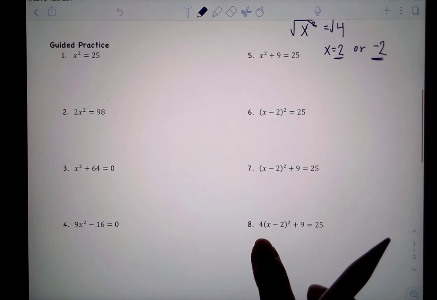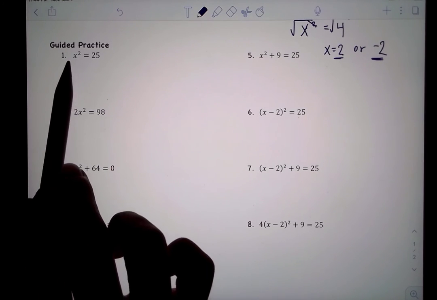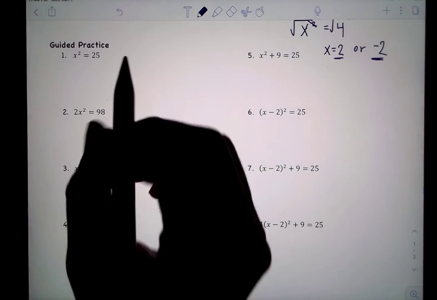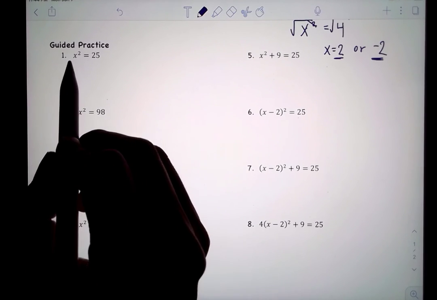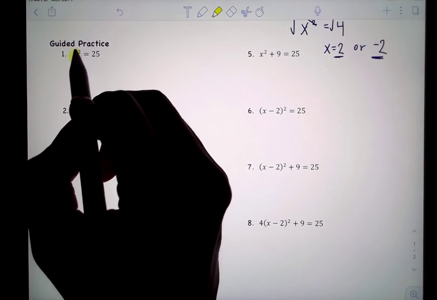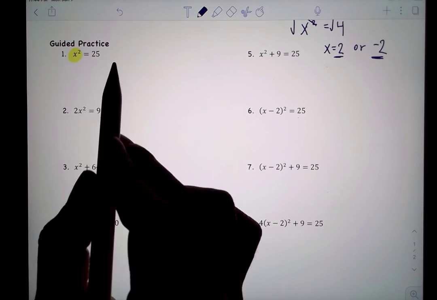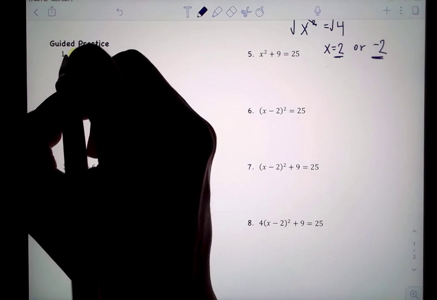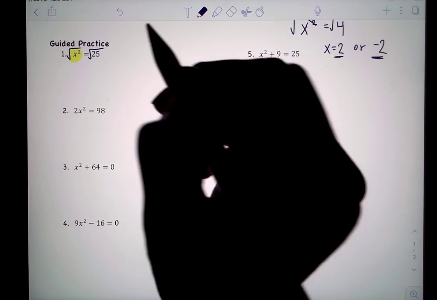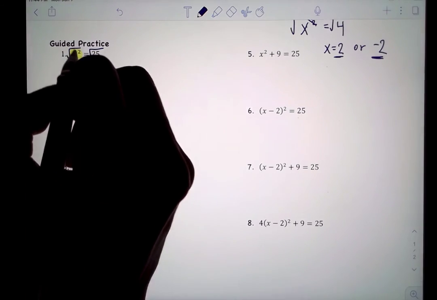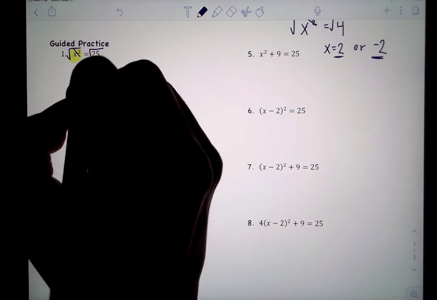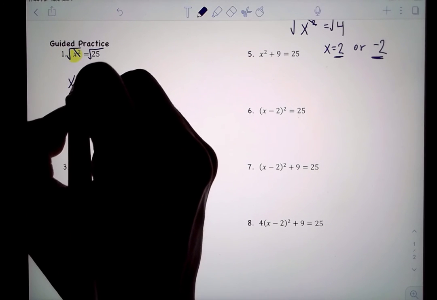So, guided practice number 1, x squared equals 25, right? This is already isolated. Your square term is isolated on one side, and the other numbers are on the other side, right? So we can just take the square root here. Then you cancel the square and square root, so you get only x here.